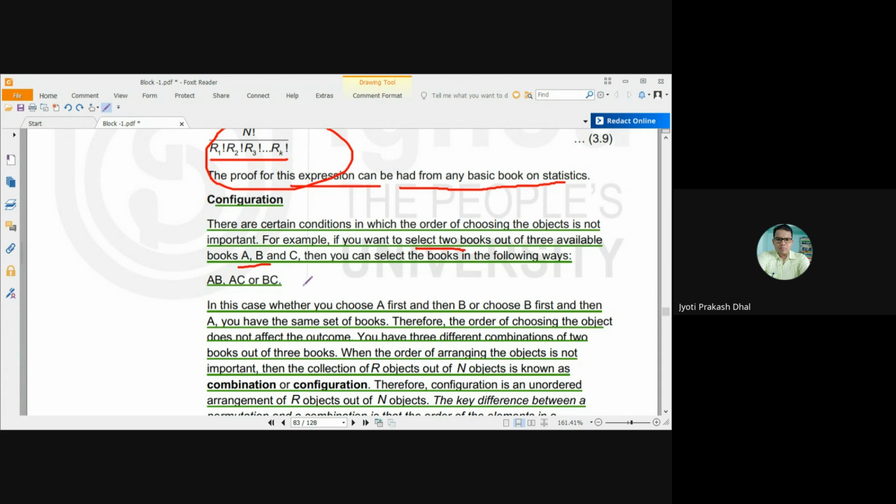In this case, whenever you choose A first and B second, or choose B first and A second, you have the same set of books. So if you want to select two books out of the three available books A, B and C, then you can select them in the following ways: AB, AC or BC.